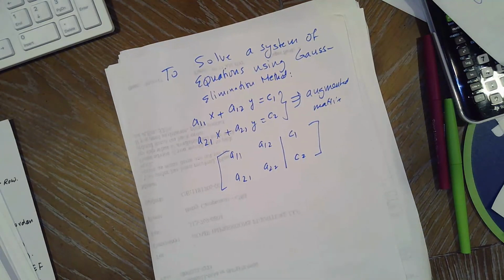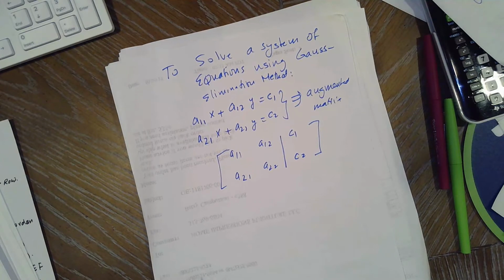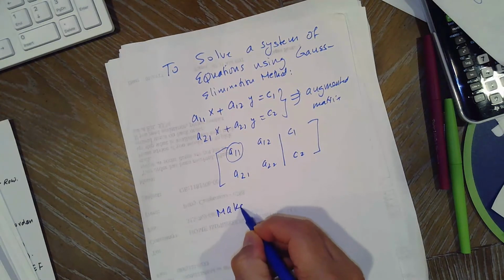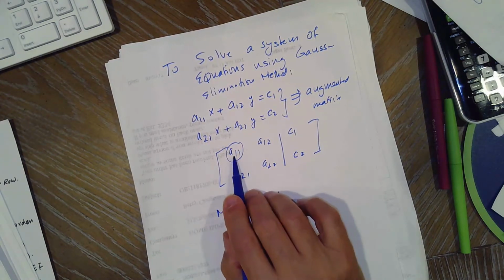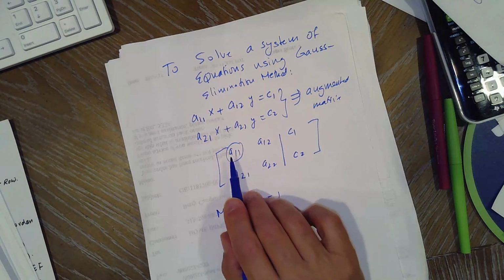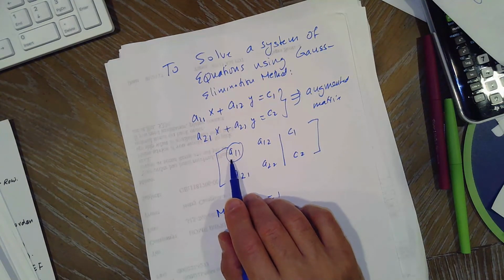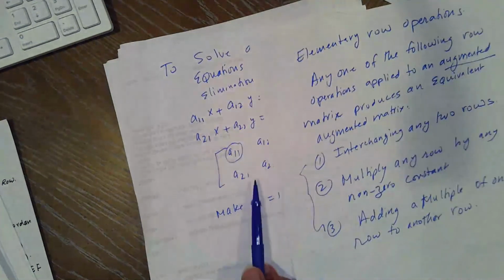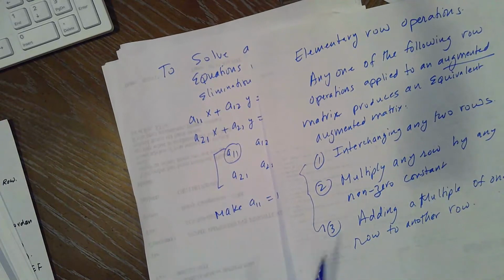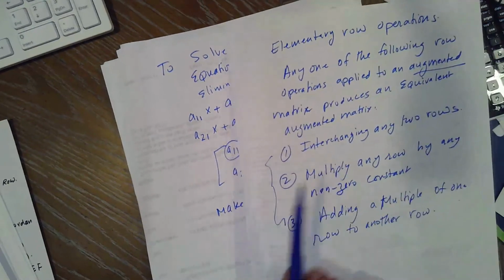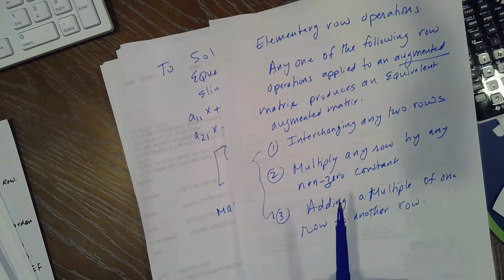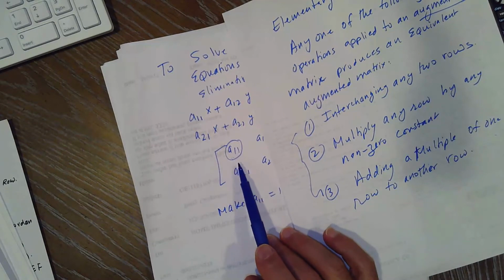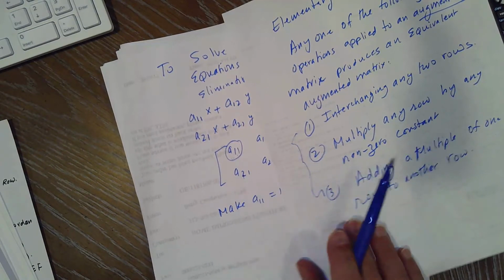And then to get it in row echelon form, because you're using Gauss elimination method, you're going to start by making a11 equal 1. The first non-zero entry should be a 1. How do you make this a 1? The elementary row operations. If there's a 1 at the bottom, you interchange the rows. If there's not a 1, you might have to multiply, like if this is a 3, you can multiply by 1/3, or you can add a multiple of one row to another row.